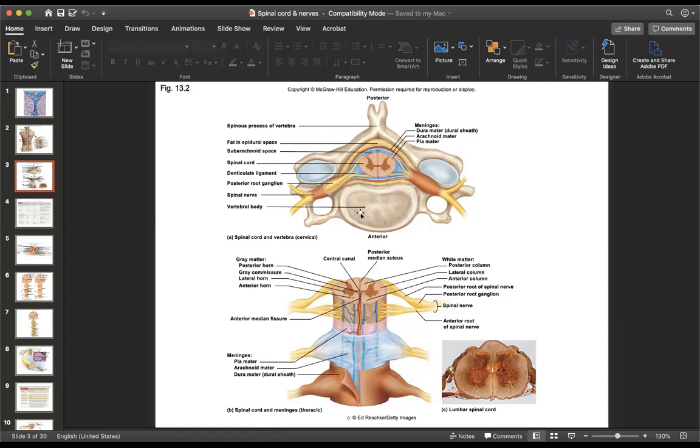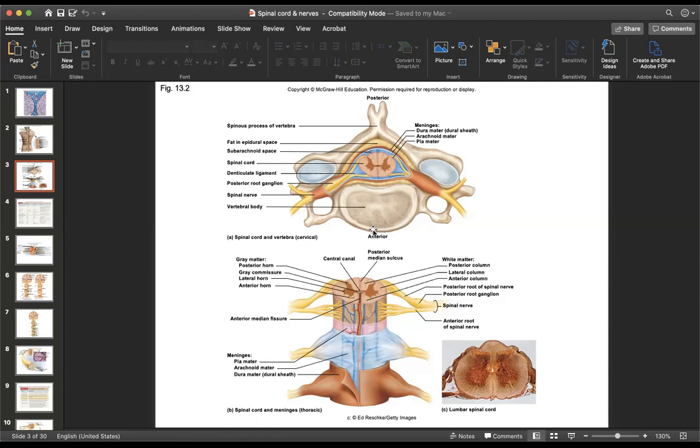The other thing I want you to notice here, we'll talk about more in depth later, is if you look at the spinal cord, you have a butterfly-like structure. You have the white matter on the outside and the gray matter deep. So the gray matter forms this butterfly-like structure. Now, if you remember from the brain, the gray matter is more superficial on the surface of the brain, and the white matter is more deep.